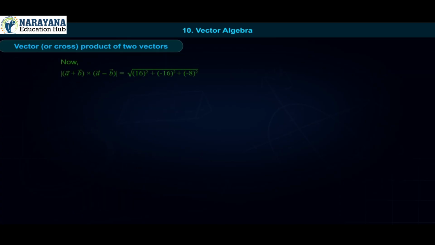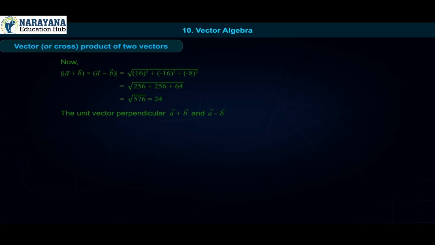Now, the modulus of (A plus B) cross (A minus B) is equal to square root of 16 square plus (minus 16) square plus (minus 8) square, which is equal to square root of 256 plus 256 plus 64, which is equal to square root of 576, which is equal to 24.